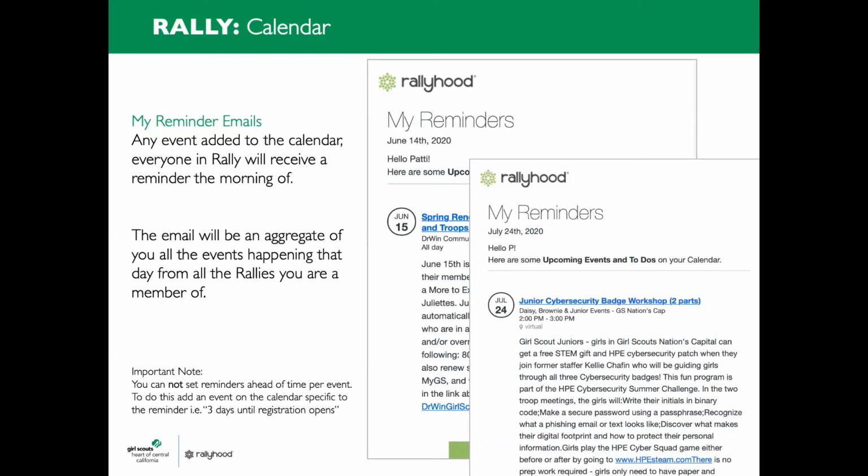Reminder: service unit meeting on Thursday, reminder: service unit meeting tomorrow, for example. Or if it's registration opens or early bird registration, a great event, last day to deadline or last day to register, that kind of stuff. You would need to create the reminder in the calendar, and that'll be sent the morning of.